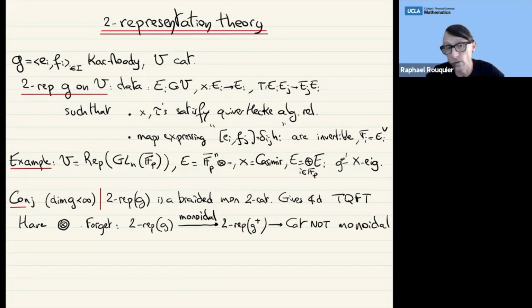So the forgetful functor to categories is not monoidal. That's a 4D phenomenon. In 3D, we have a phenomenon where representations of a quantum group going to vector spaces is not going to be braided, but at least it's monoidal. Here it's not even monoidal, but at least restriction to the positive part is monoidal. So somehow we can construct the underlying category using only, say, the E_i's.